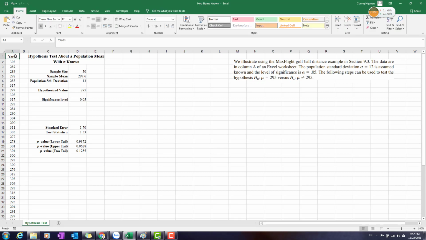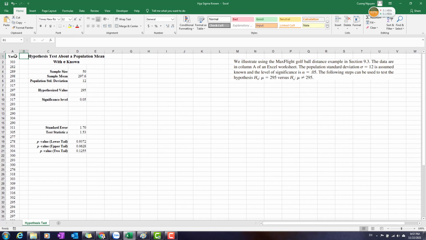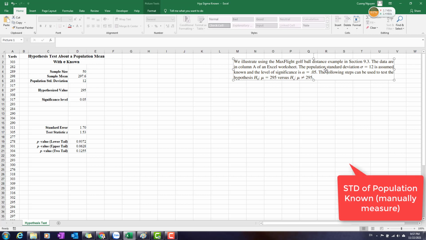These are 50 observations in total. We illustrate this based on the McFly's golf ball distance example in section 9.3. To do this, we make a hypothesis with information about the population standard deviation being known and assumed to be 12.